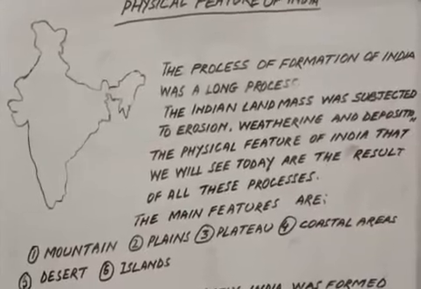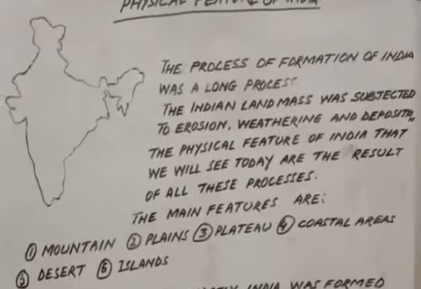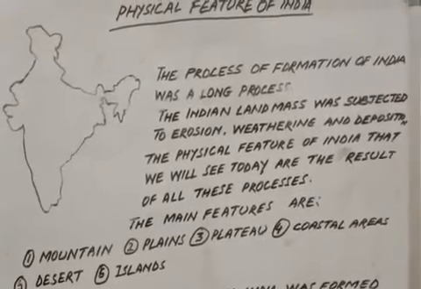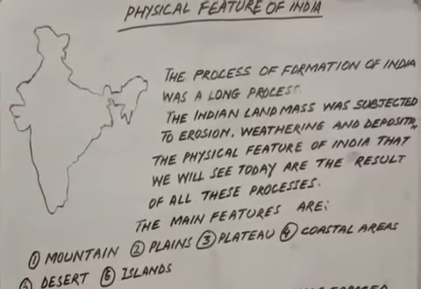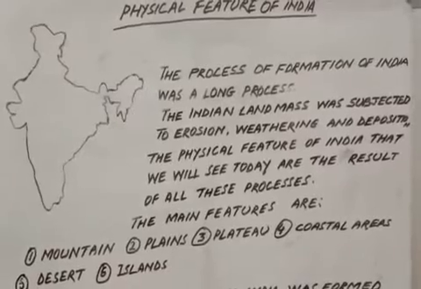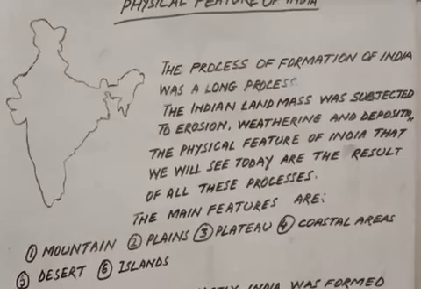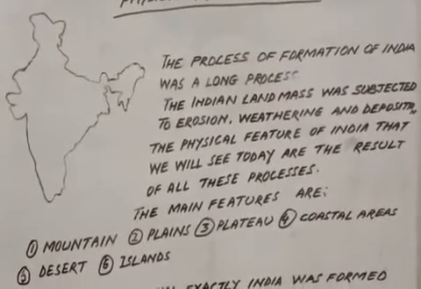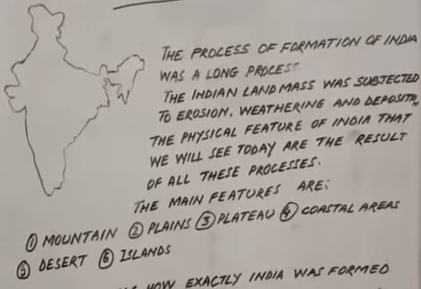The Indian landmass was subjected to erosion, weathering and deposition. So this landmass was formed due to the agents of nature. And what are they? Erosion, weathering and deposition. The physical features of India that we will see today are the result of all these processes.